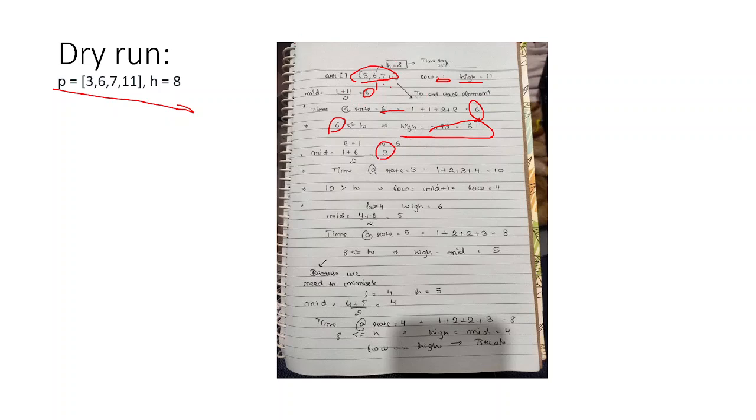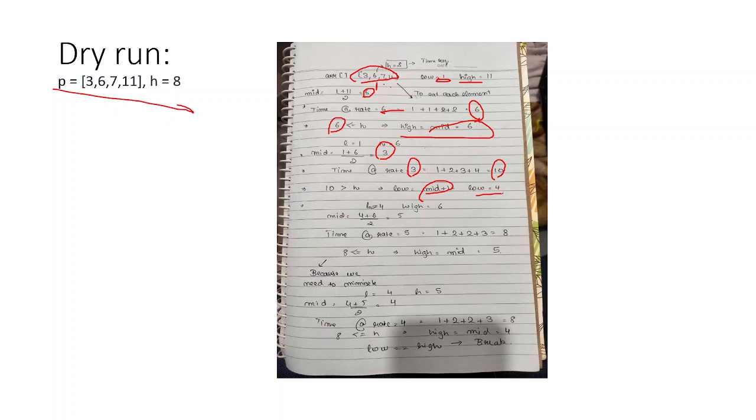But we have seen that when we use 3, total hours spent will be 10. Okay, this is so much large, so we know that this can't be the value.